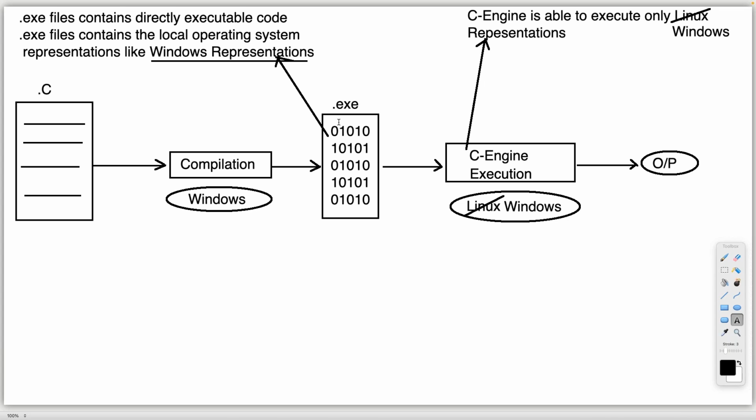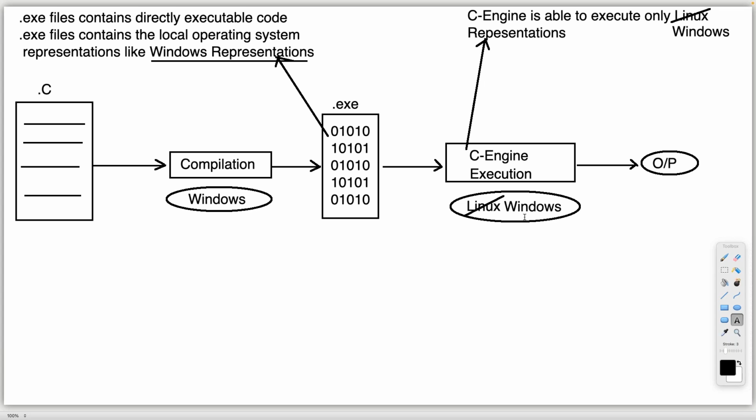The .exe file is provided as per Windows representations, and we are trying to execute that Windows represented code in the same Windows operating system. Now compatibility is available or not?